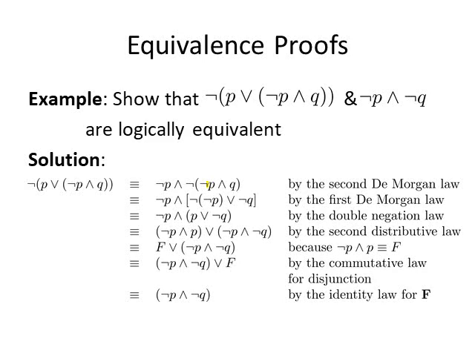We need to show that the negation of P or negation of P and Q is logically equivalent to negation of P and negation of Q. The solution is also shown on the slide, and it is very self-explanatory. So I will use De Morgan's law.